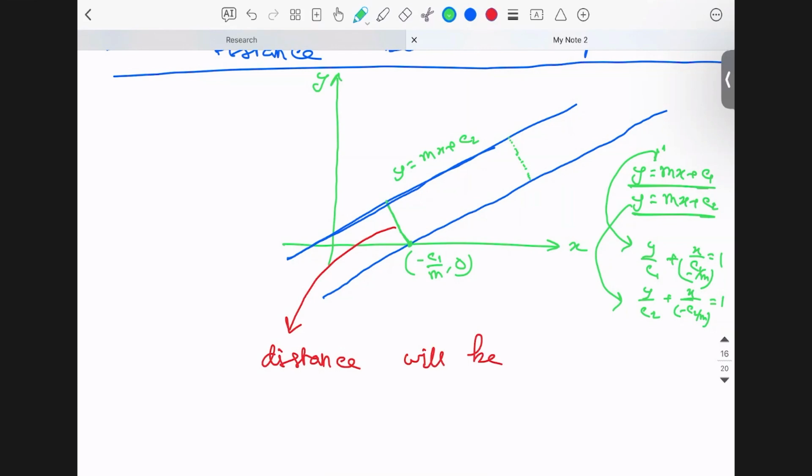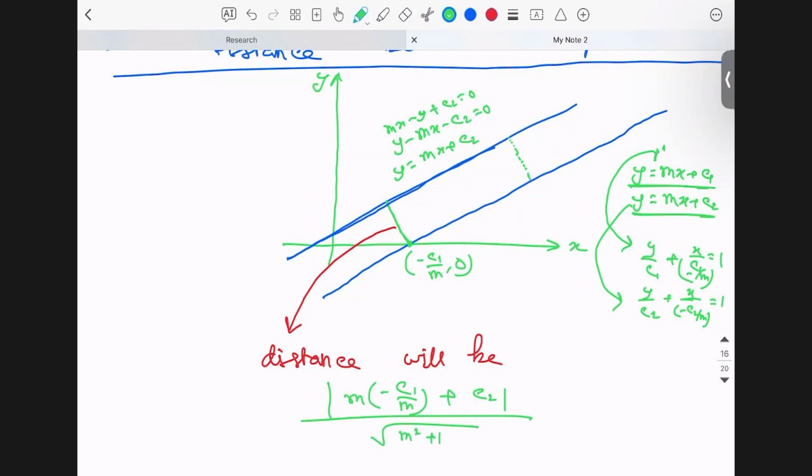if I rewrite this like here, y minus mx minus c2 equal to 0, or you can say mx minus y plus c2 equal to 0. Then we will get that form like modulus of m into minus c1 by m plus c2, divided by square root of m square plus 1.